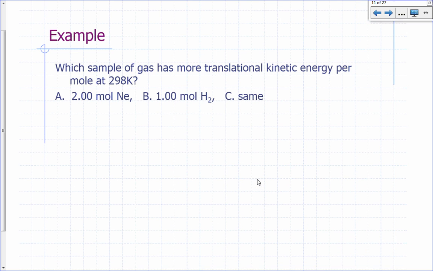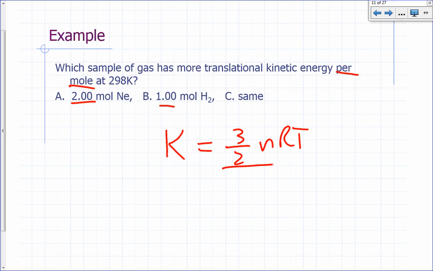How about this question? Which sample has more translational kinetic energy per mole? So it doesn't matter how many moles you're given. You just compare 1 mole versus 1 mole. Translational kinetic energy per mole is 3/2 nRT divided by n.